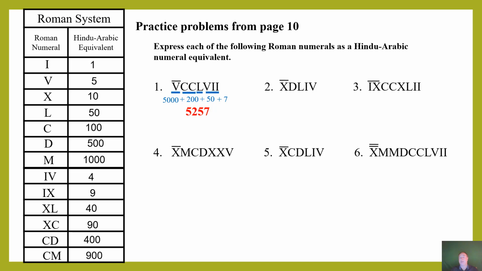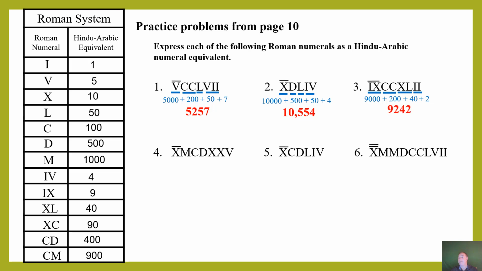Number 2, X with a line above it is going to be 10 times 1,000, 10,000. D is 500, L is 50, IV is 4. So this is 10,554. Again, we use the idea of place values to help us. Okay, IX, that's 9 times 1,000, so we start with 9,000 plus 200 plus 40 plus 2.